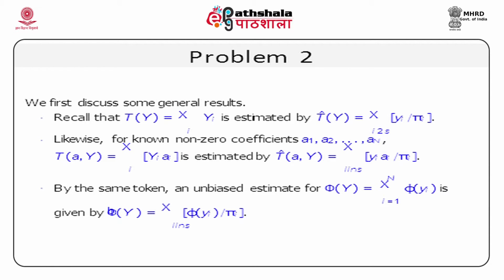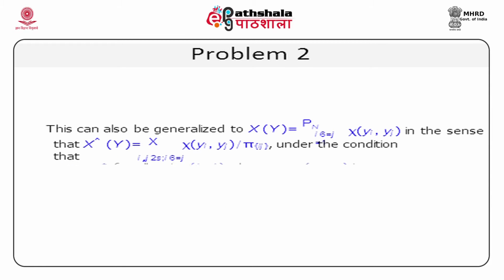The moment you have an additive function, you can immediately sort out the estimate by dividing by pi I appropriately. You do not really have to worry about the nature of the function phi y I. It could be anything, it could have a very complicated expression, but so long as these are all additive, you have a very simple expression for the estimate.